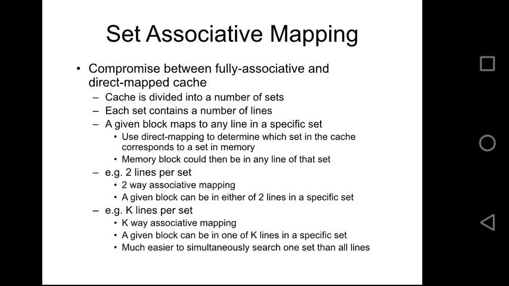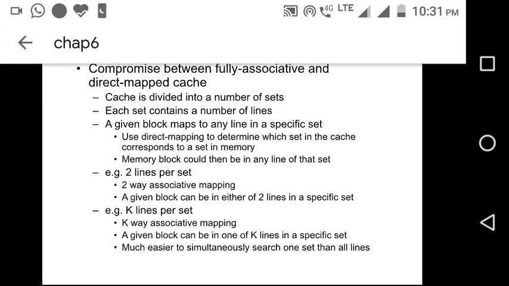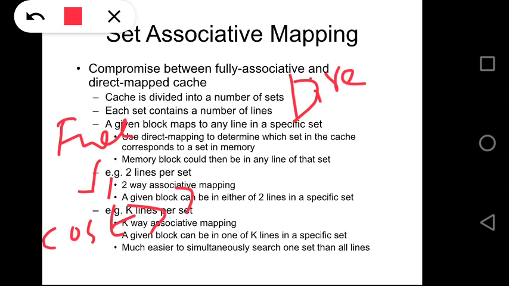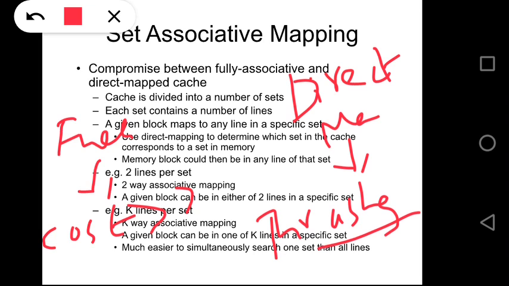The problem with fully associative mapping is that you need extra hardware, so the cost is high. The problem with direct mapping is that there can be a concept called thrashing.